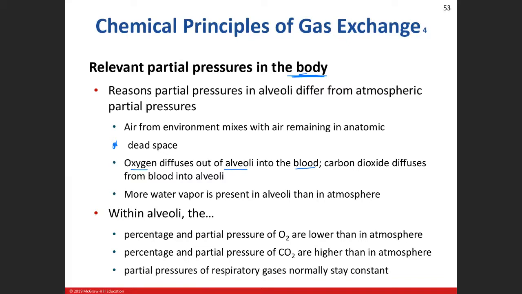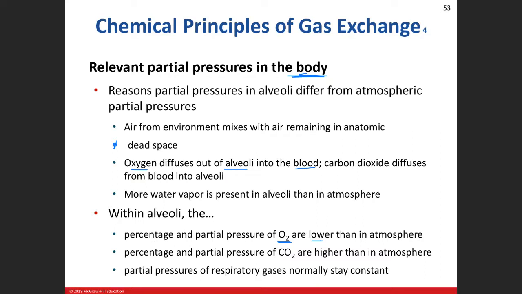Okay, cool. So keep in mind, when we talk about the alveoli, the partial pressure of oxygen will be lower than the partial pressure of oxygen in this room. Remember, what was that value I gave you for the partial pressure of oxygen? 158? Yeah, 158 in the atmosphere. In your alveoli, it's going to be more like 100. So it's different.